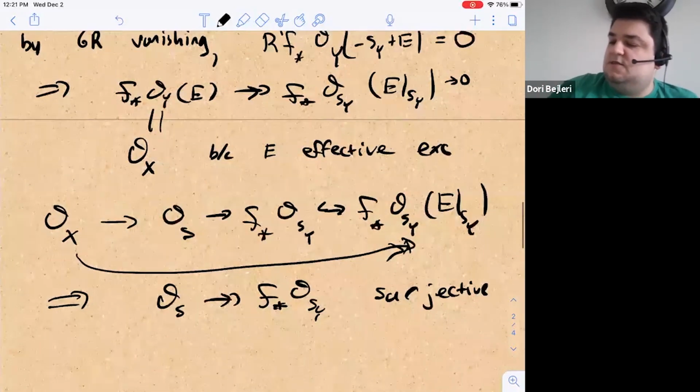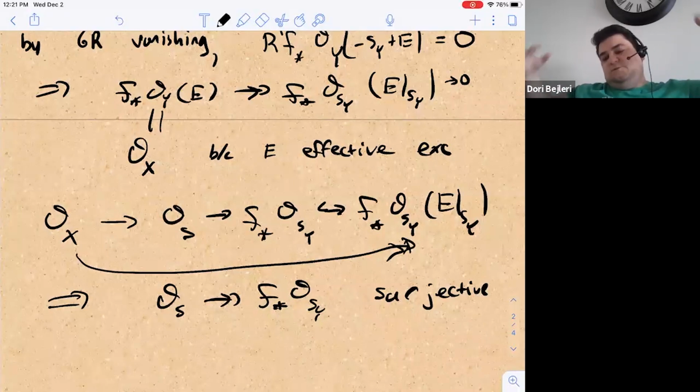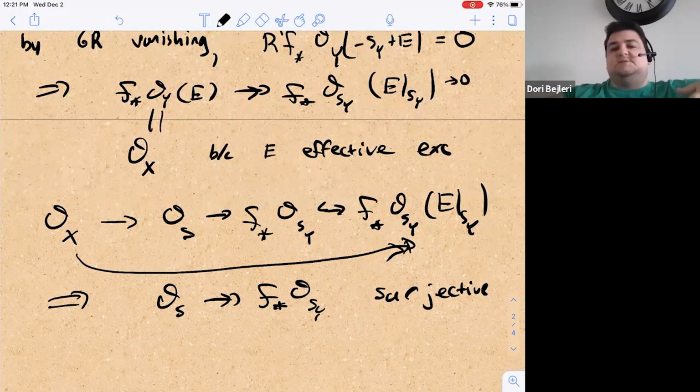But this factors through the normalization because S_Y is smooth. So S_Y is some smooth dominant birational guy that maps down to S. So the natural map O_S to f lower star O_{S_Y} factors through the normalization. Because it's surjective, that means it has to actually be the normalization.